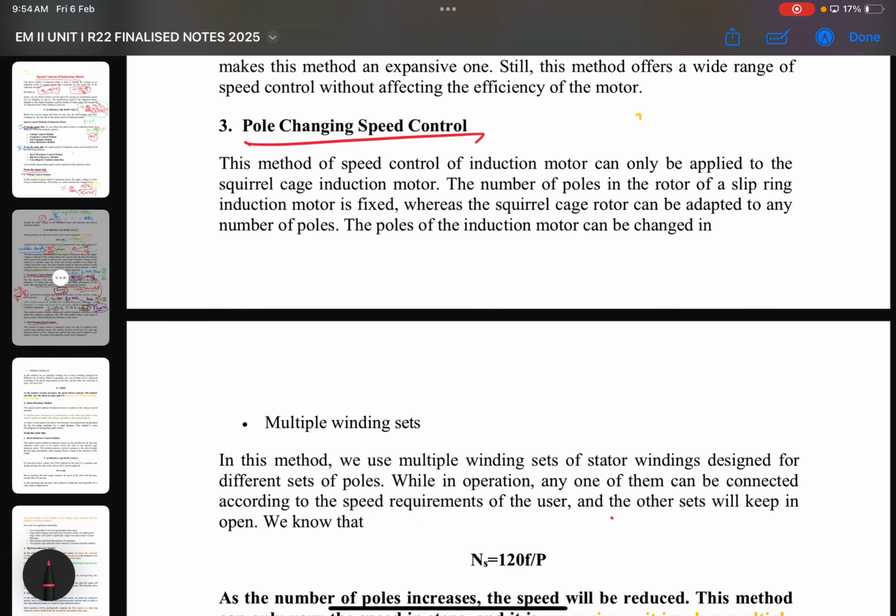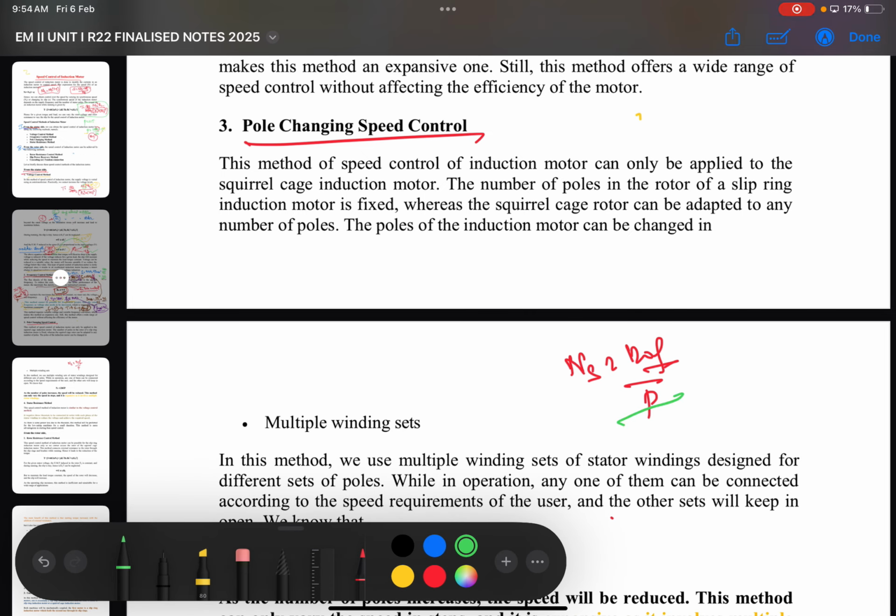Pole changing speed control method. We have Ns equal to 120 f by P. By changing poles, Ns changes. Now in what way is rotor speed controlled here? We have the formula Nr equal to Ns into 1 minus S. When Ns changes, Nr also changes.